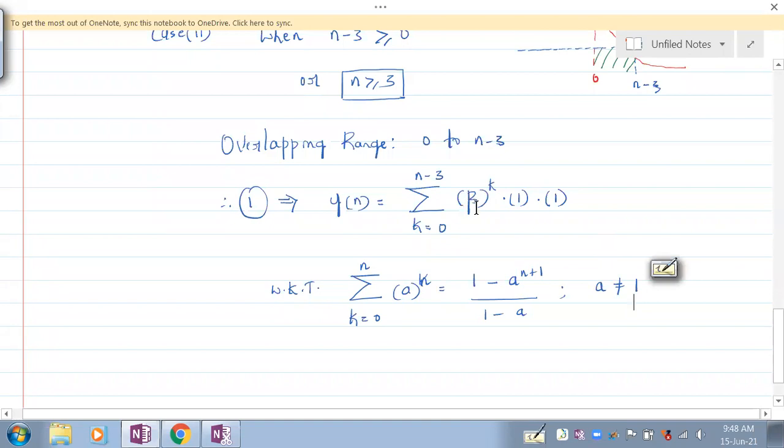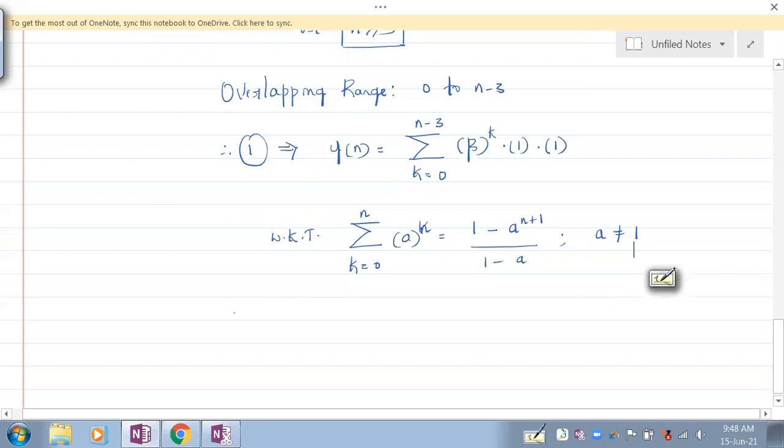Beta is less than 1 means beta is not equal to 1. Understand? So therefore, I can write my y of n equal to 1 minus beta to the power what now? If it is n, it is n plus 1. If it is n minus 3, it is n minus 3 plus 1. What is n minus 3 plus 1? It is n minus 2.